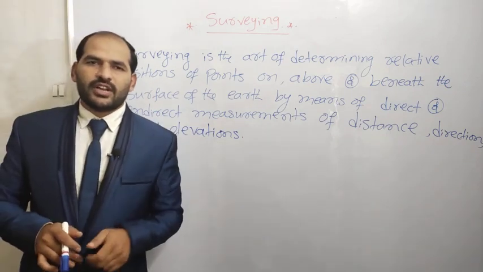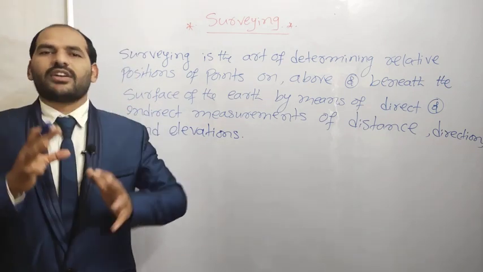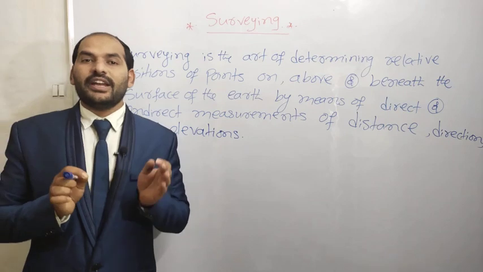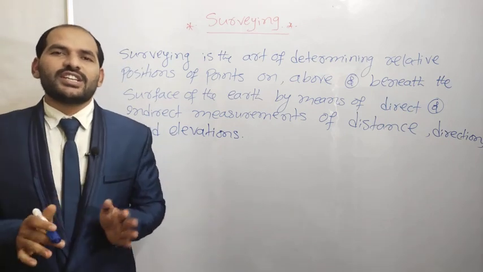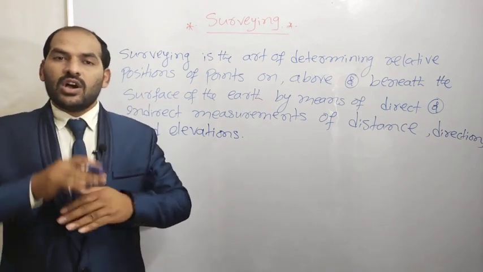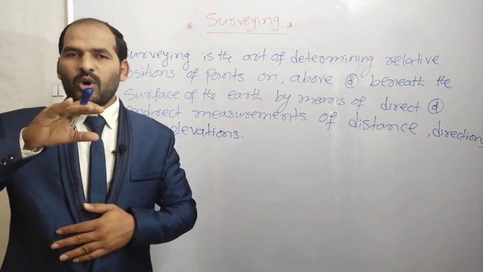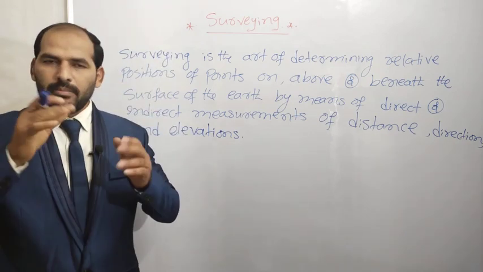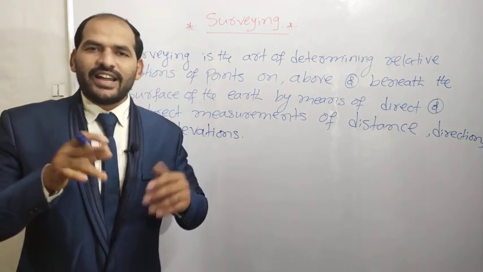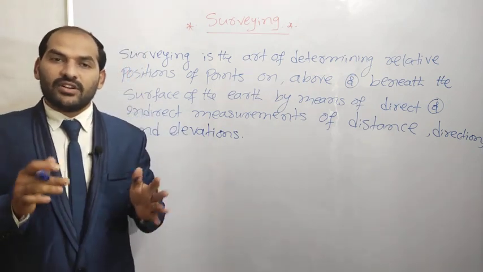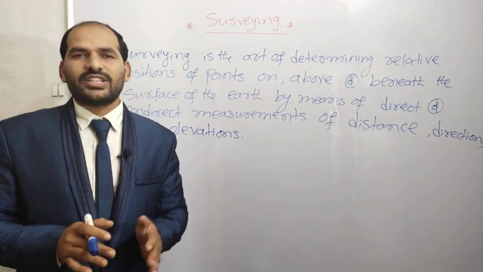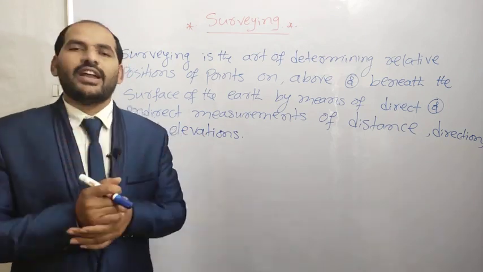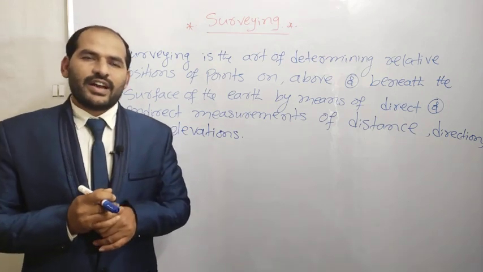Right, so what is meant by surveying? Surveying is the art of determining the relative positions of points on the earth, above the earth or beneath the earth by means of direct and indirect measurements of distance, directions and elevations.